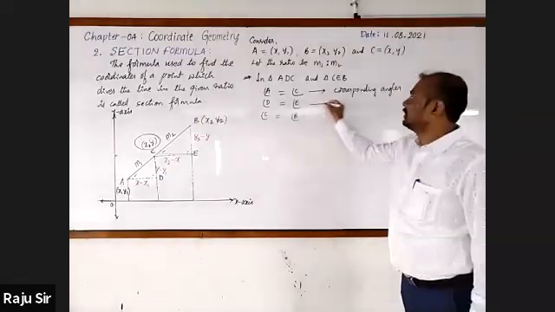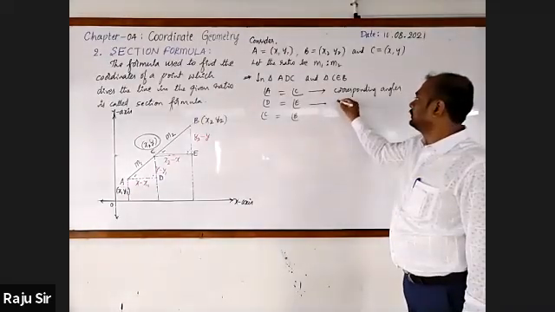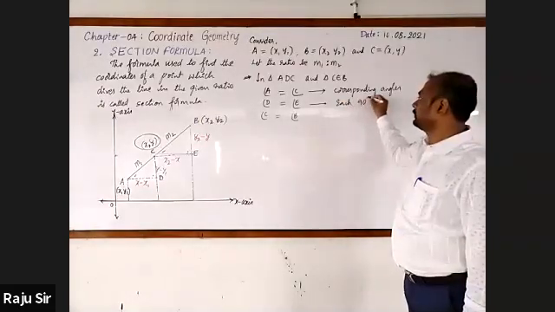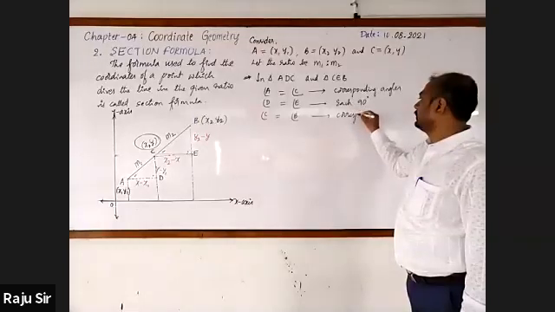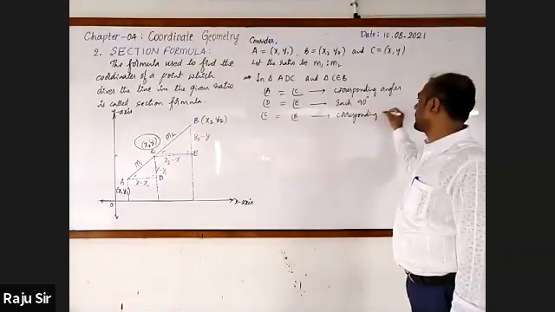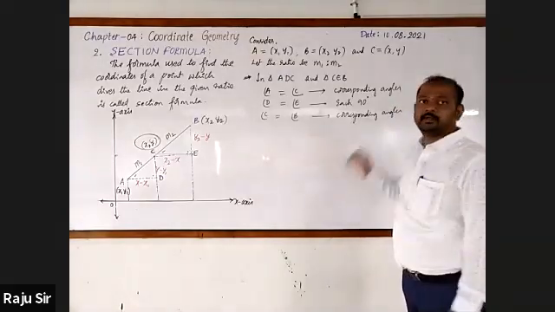Next, D and E are each 90 degrees. C and B are equal, corresponding angles.